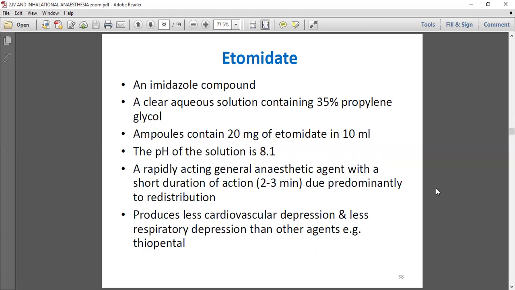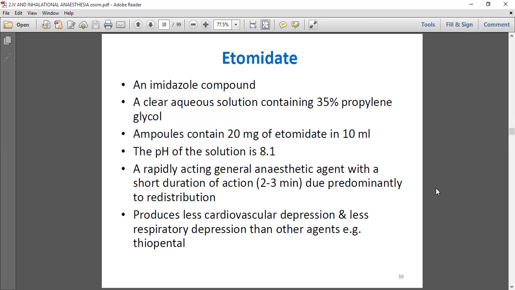It is a clear aqueous solution containing 35% propylene glycol. Ampules contain 20 milligrams, which is an alkaline pH. Yeah, it's an alkaline solution.